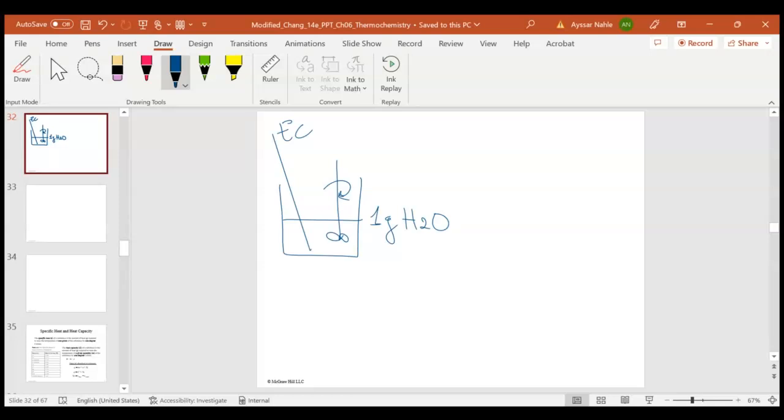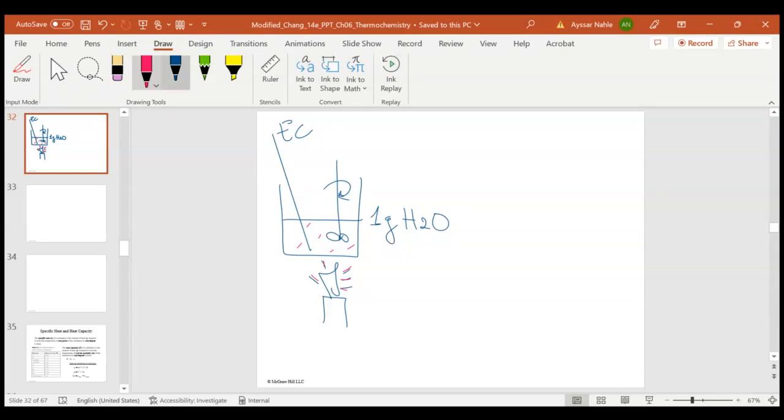Now, if I start heating, getting a source of heat in there, the heat should go inside. Since there is a stirrer in here, the heat will be perfectly distributed everywhere.